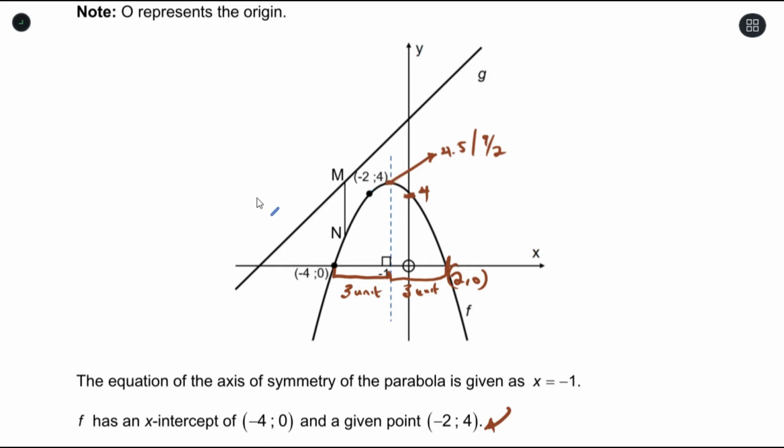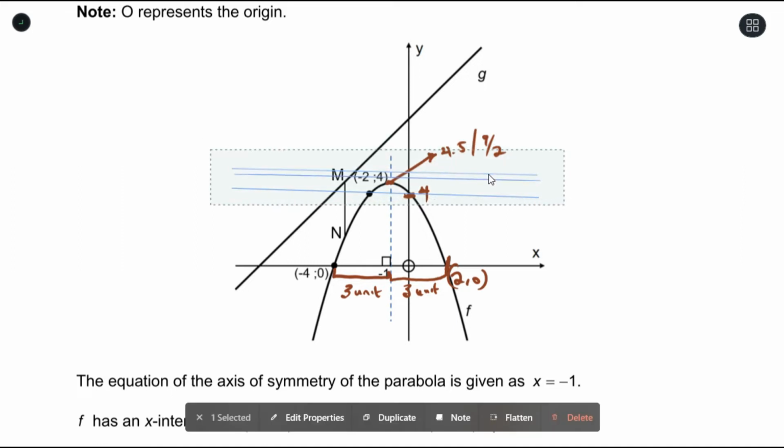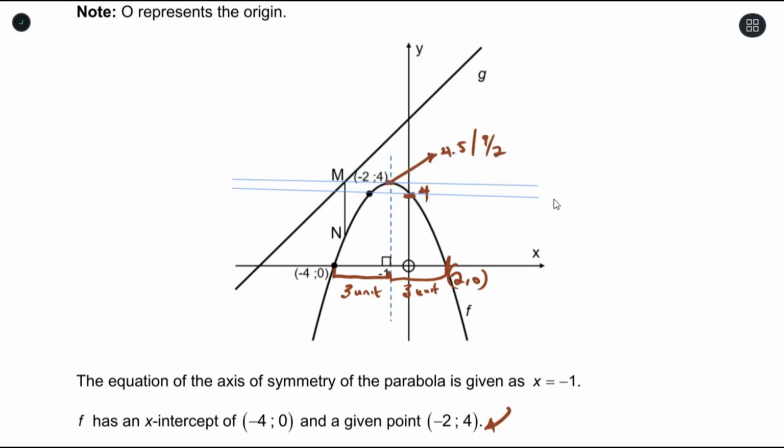Now, if I draw two horizontal lines from y equals 4 to y equals 4.5, we need to focus on the x values that fall within this range. And the x values are going to be from -2 to 0, right?